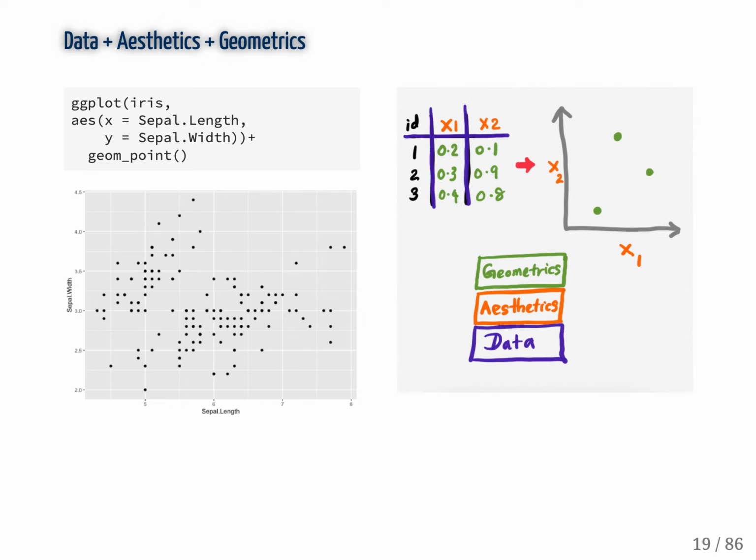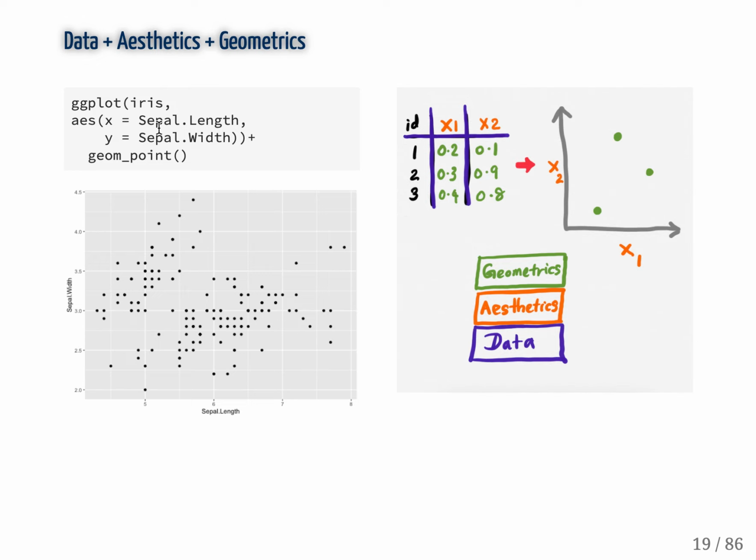This is just a summary of what we have done so far. We discussed three graphical elements, three layers. They are data, aesthetics, and geometrics. They are the most important three elements. First, we called ggplot iris. This defines the data layer. All variables should be stored according to the tidy format.